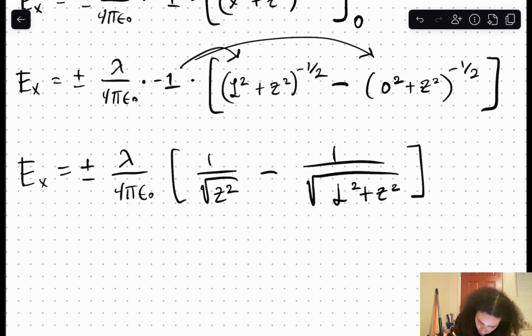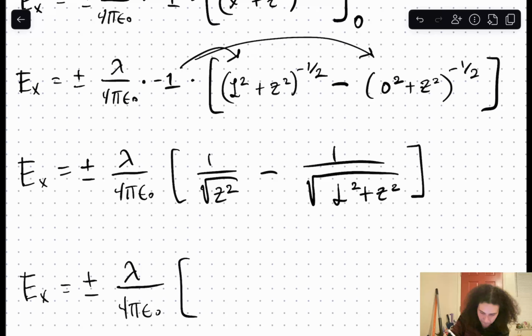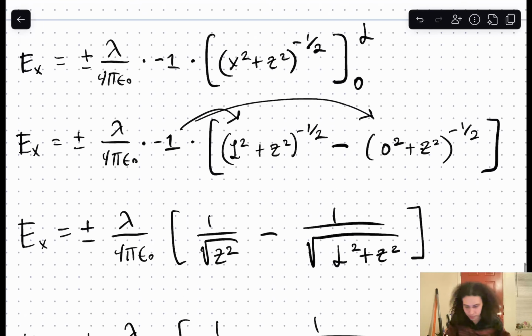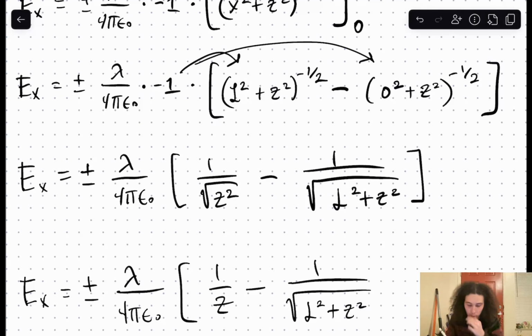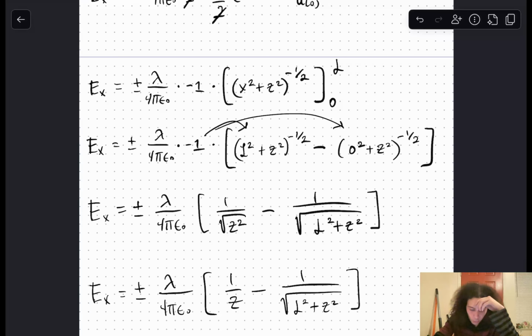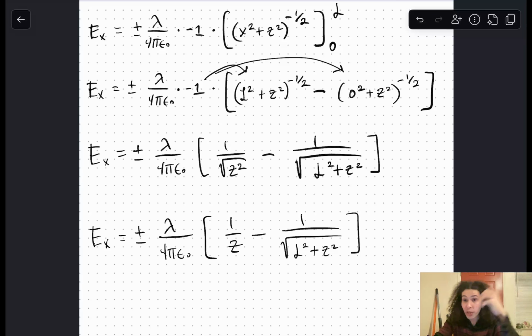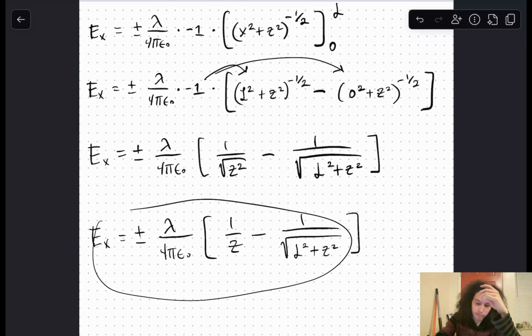And now when you have some number to the power of 2 inside of a square root, this cancels out, meaning that EX equals plus or minus lambda over 4 pi epsilon naught times 1 over c minus 1 over the square root of L squared plus Z squared. And here we go. All right, so that's our expression for this EX term.